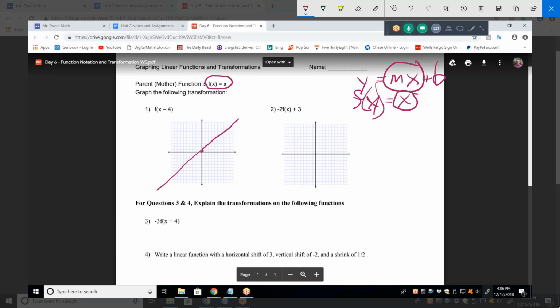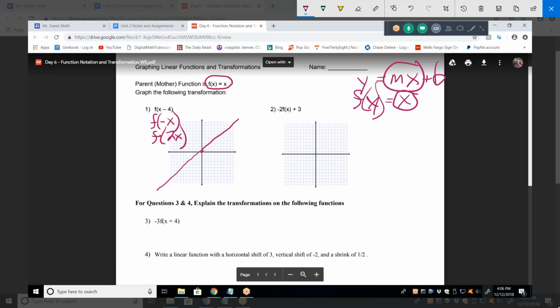The horizontal transformations have the changes taking place inside the parentheses. For instance, f of minus x is a horizontal transformation. f of 2x is a horizontal transformation. Or f of x minus 4 is a horizontal transformation.